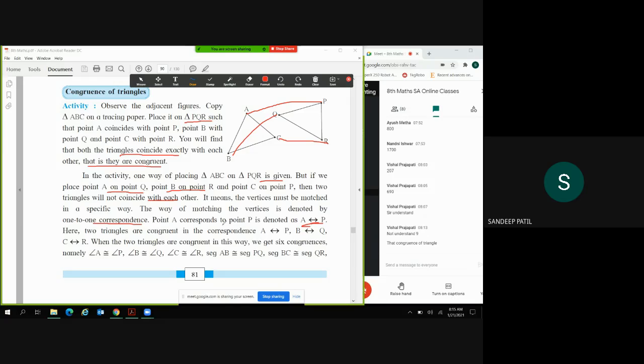Congruence of triangles is nothing but trying to match these triangles, right?